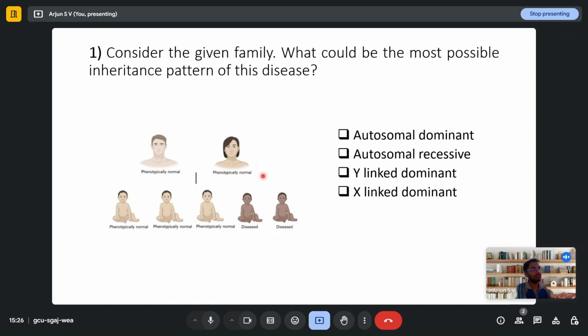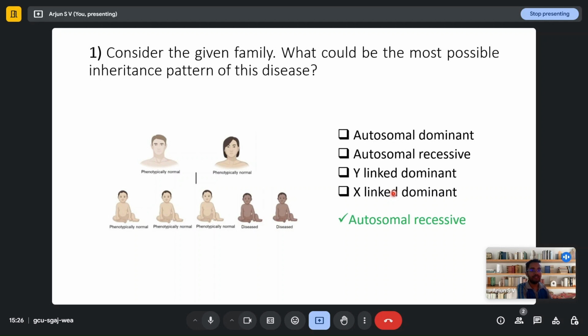They have four options: autosomal dominant, autosomal recessive, X-linked dominant, and Y-linked dominant.